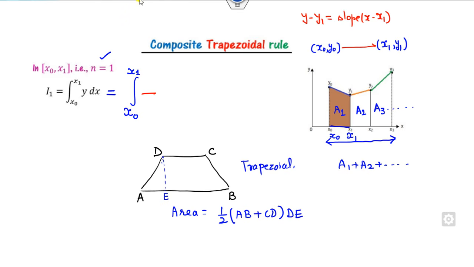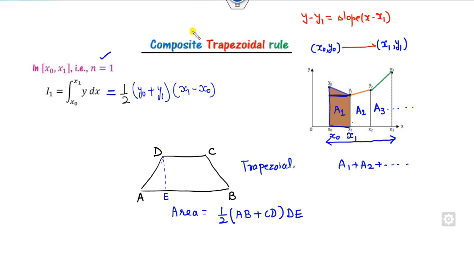The same applies here. If you look at this, instead of the integration, you can simply write half. What is the h? What are the parallel sides? This is my parallel side. The length of this is y0 plus the length of this is y1. And what is the height? This is my height, fine. That is x1 minus x0.